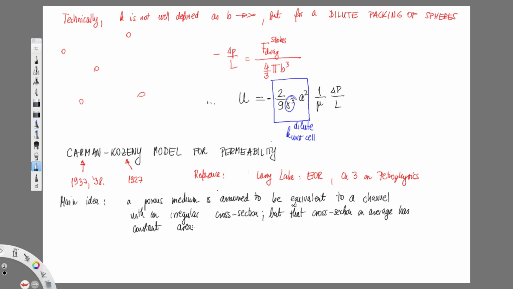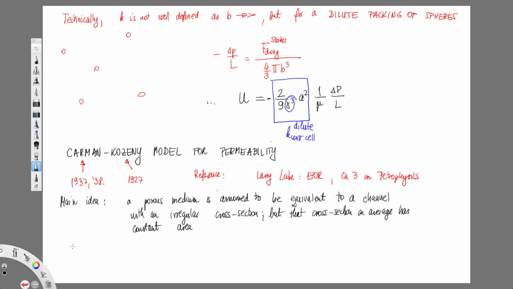So the whole point in upscaling this will be finding what that equivalent channel is that actually describes flow through my porous media. This was borrowed from the so-called hydraulic radius approach.